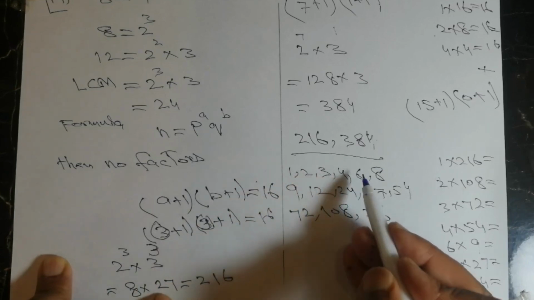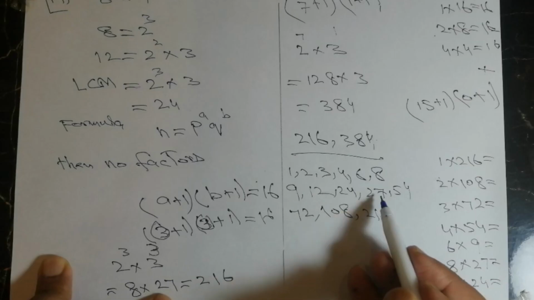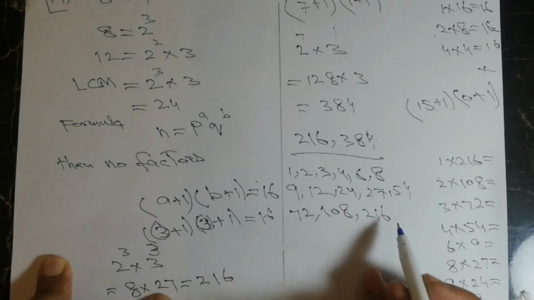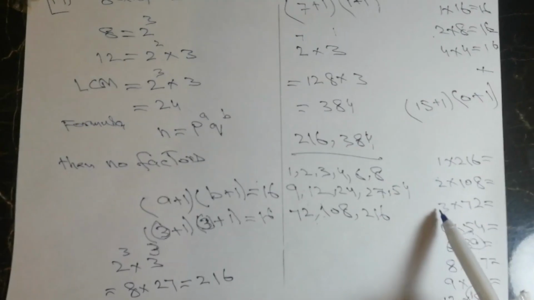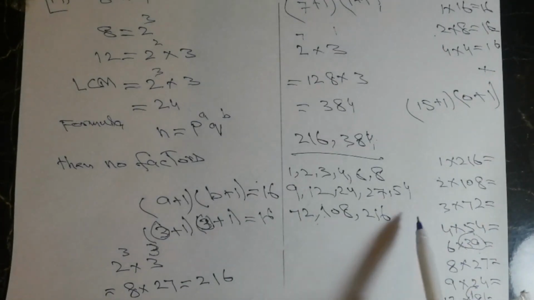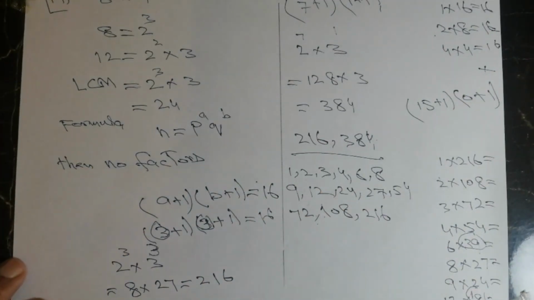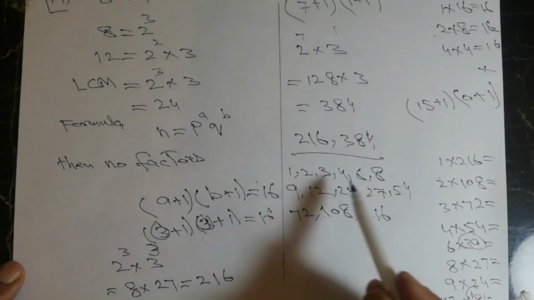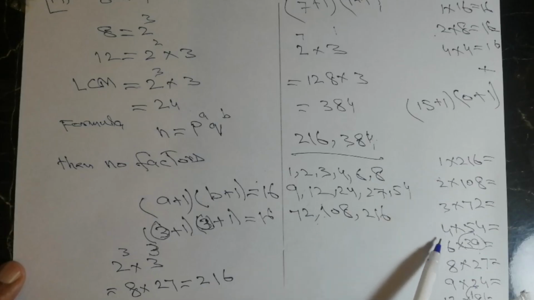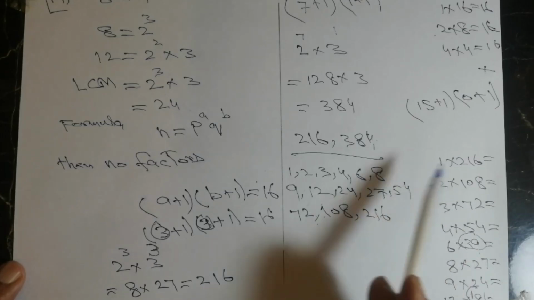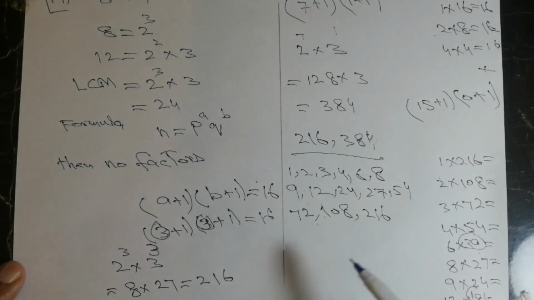So here all the factors are written. Actually there are a total of 16 factors here. 18 and 36 were not included here, so you can count from here, 1 2 3 4 5 6 7 8, and 16 factors are here.